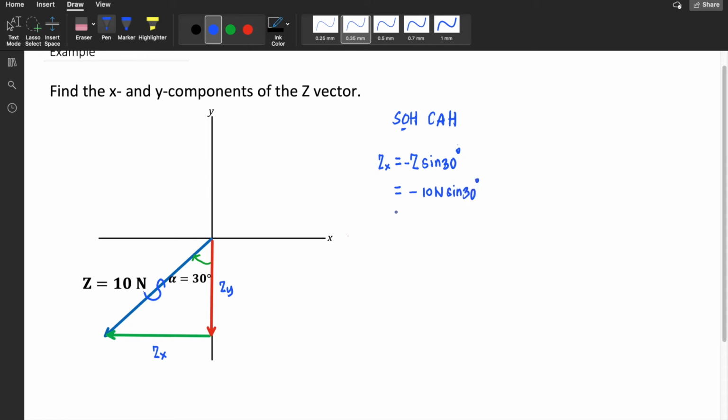And take note your calculators must be set in degrees for this case. So the answer is negative 5 newtons i hat, the unit vector along x. That would be your ZX. It can also be written in this form: 5 newtons, and you may incorporate the negative sign here, negative i hat.